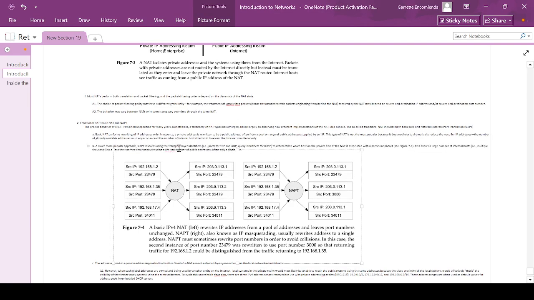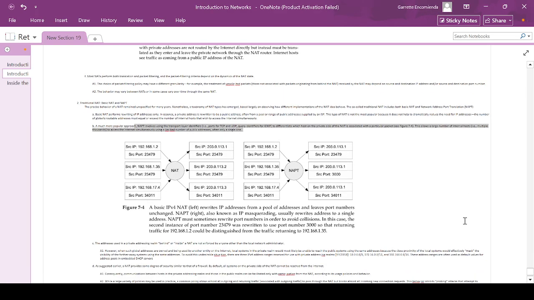A much more popular approach, NAPT, involves using the transport layer identifiers, ports for TCP and UDP, query identifiers for ICMP, to differentiate which host on the private side of the NAT is associated with a particular packet. See figure 7.4. So here, a basic IPv4 NAT, left, rewrites IP address from a pool of addresses and leaves port numbers unchanged.